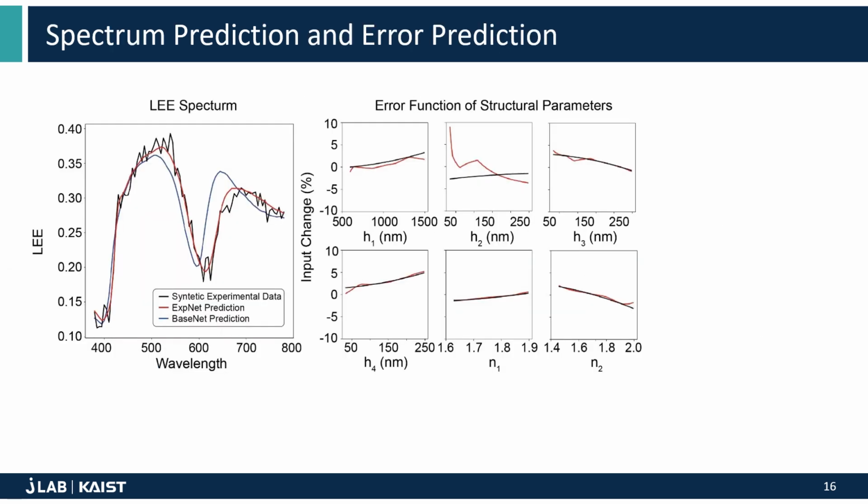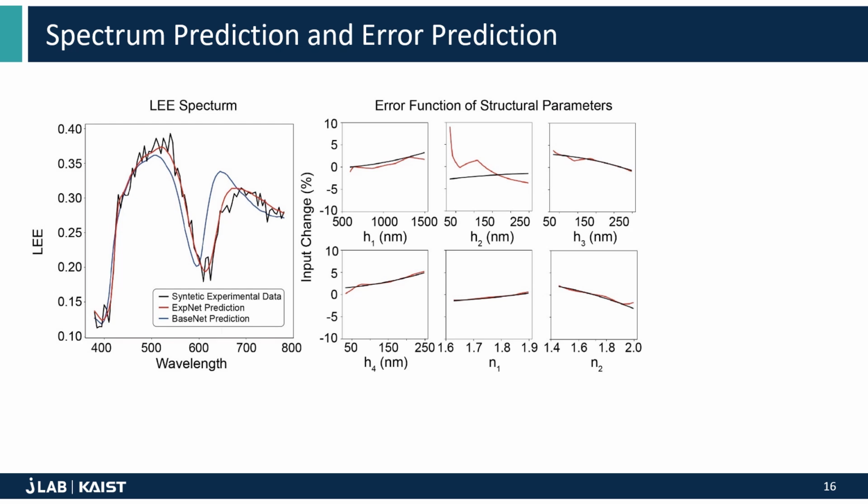Our final model, called ExpertNet, is designed to predict the LED spectrum under realistic experimental conditions. In the case shown here, the standard deviation of the added random error is 0.01, and this means no model can achieve a prediction error lower than 0.01.